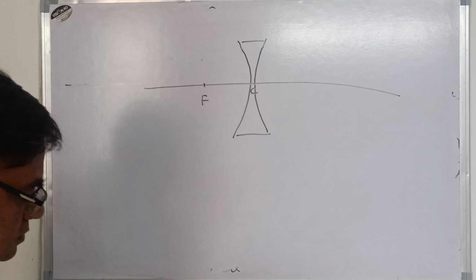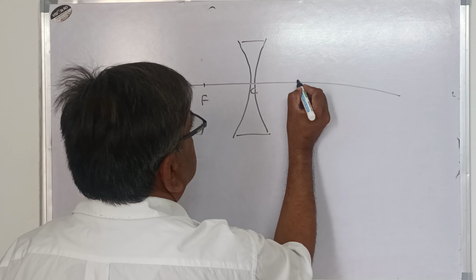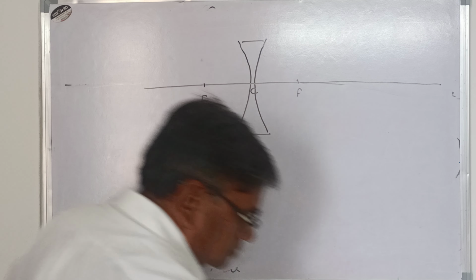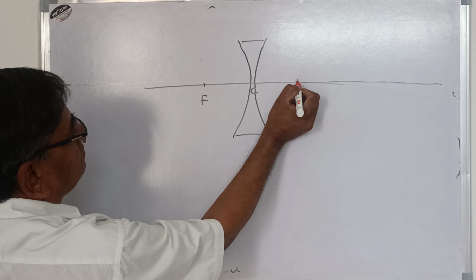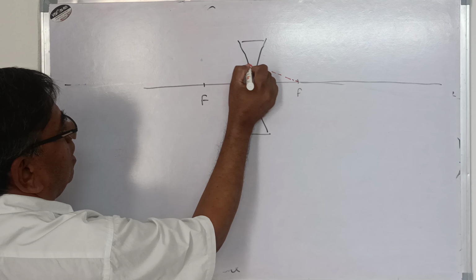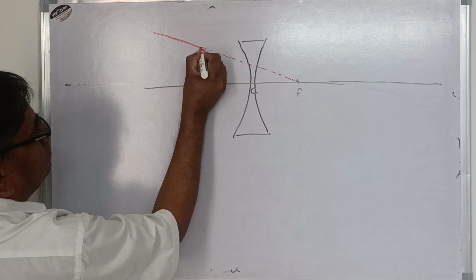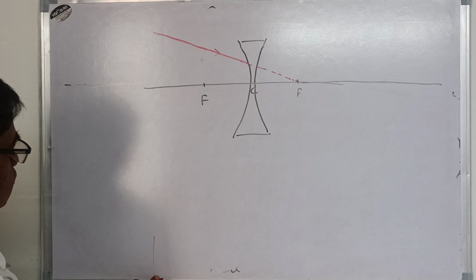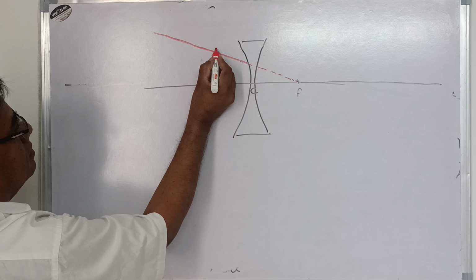What happens? A ray of light is going towards the focus of a concave lens. Take this ray, take this one, this focus you take. This is the ray. It is going towards the focus, this point.